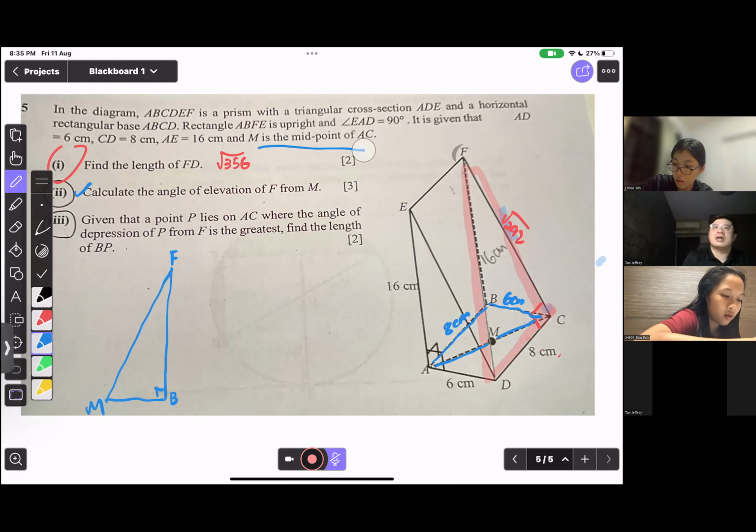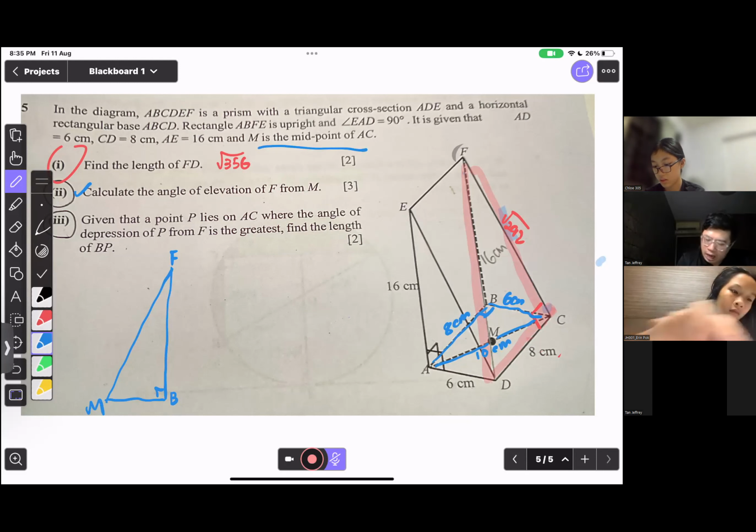M is the midpoint of AC. So what is AC squared? 8 squared, use Pythagoras again, 8 squared plus 6 squared, 10. This is 10 cm. AC is 10 cm by Pythagoras theorem.